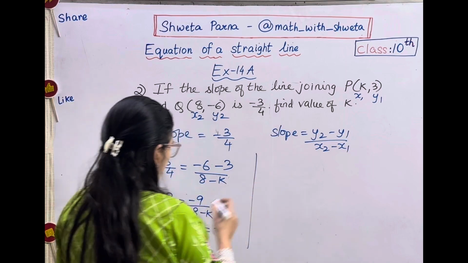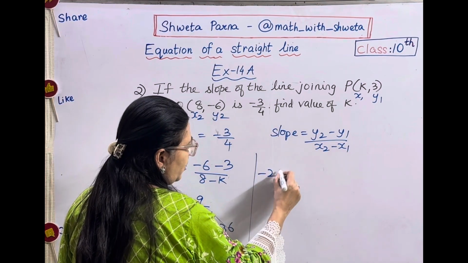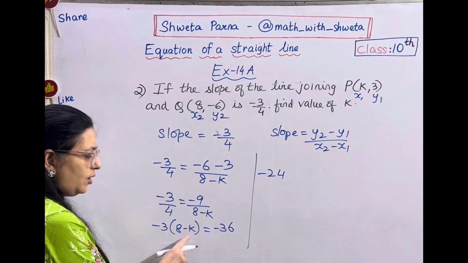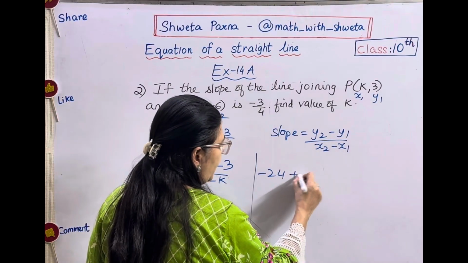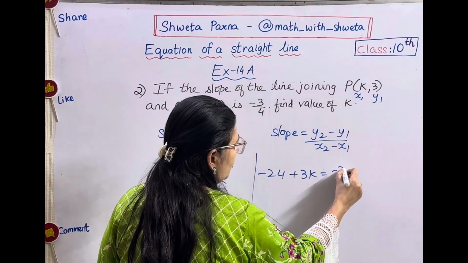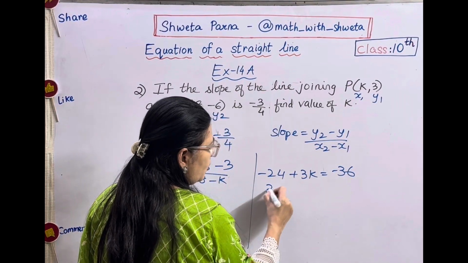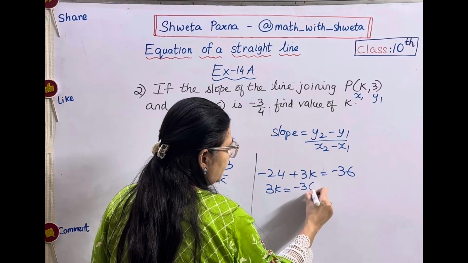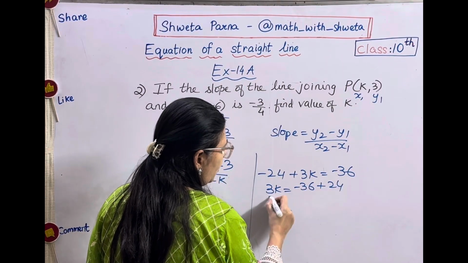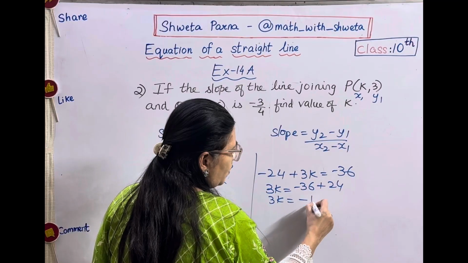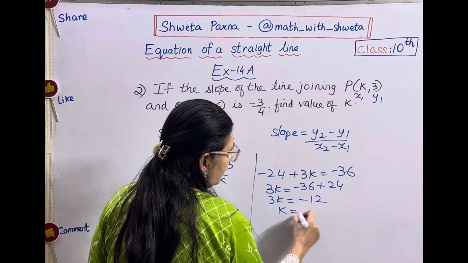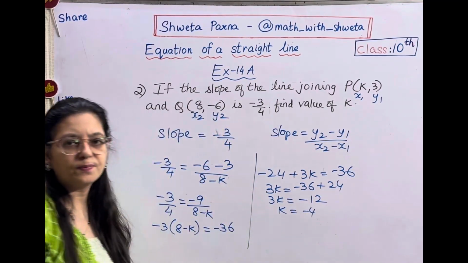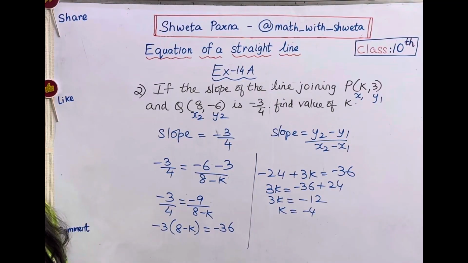Now open the bracket: minus 24, minus 3 into minus k is plus 3k, is equal to minus 36. So 3k is minus 36 plus 24. 3k is equal to minus 12. So k is equal to minus 4. Yes? Now let's do the next one.